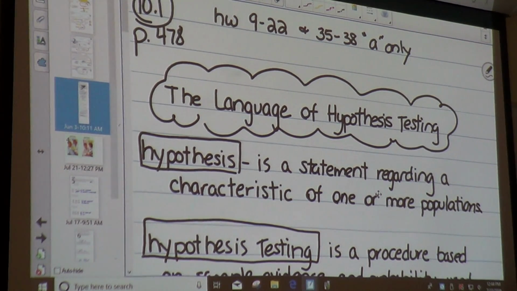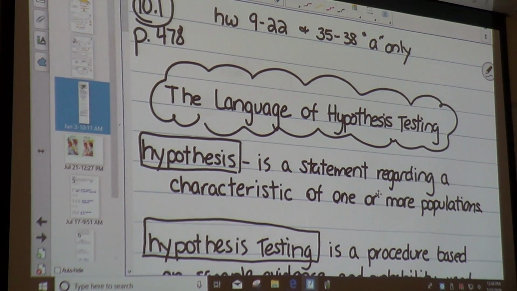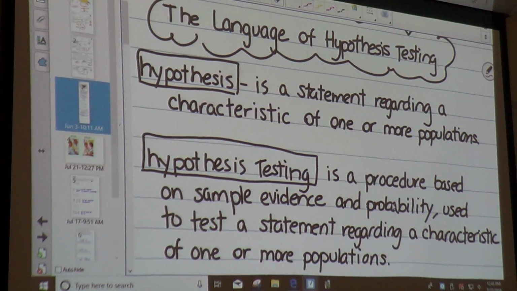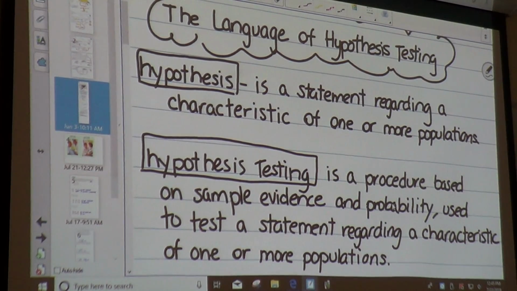A hypothesis is a statement regarding a characteristic of one or more populations. Hypothesis testing is a procedure based on sample evidence and probability used to test a statement regarding a characteristic of one or more populations. So we're going to have a hypothesis and we're going to do hypothesis testing.